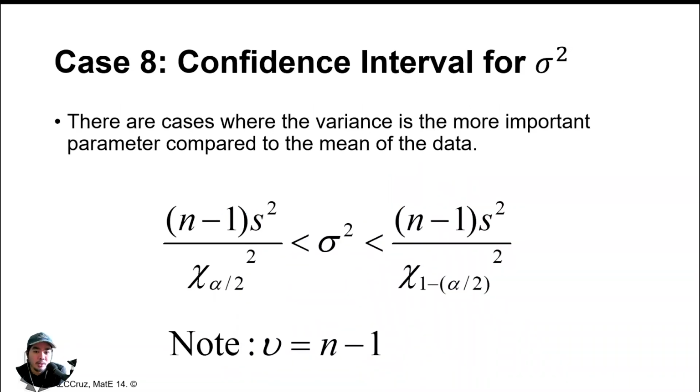Okay? Now, next is we compare the confidence interval for variances, no? Itong case 8 is a case wherein gusto natin malaman kung nasaan naglalay 'yung confidence interval for a particular variance.